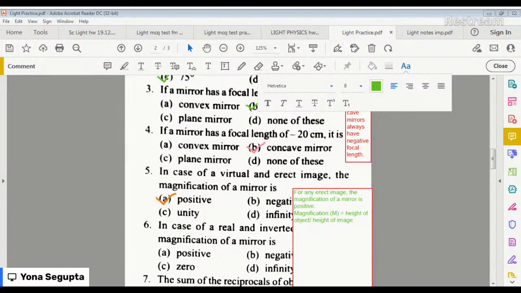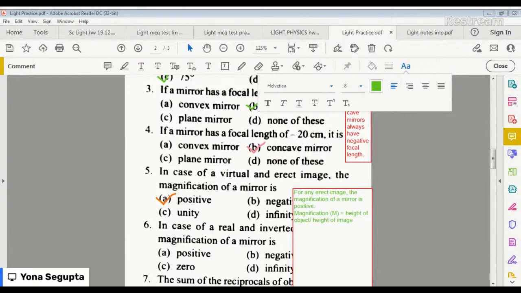So what does it make? Now the erect image we have already found. The erect image is formed on the same side of the principal axis, right? So in sign convention, the sign of the object height and image height will be the same.